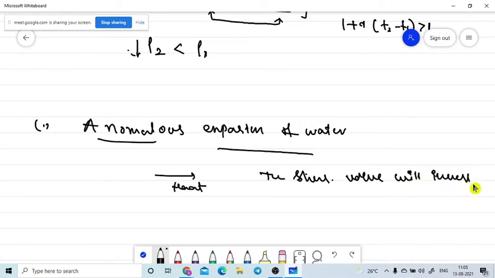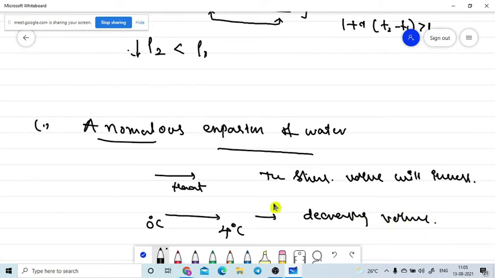This is the case we are observing. But only water, while we are heating from 0 degrees Celsius to 4 degrees Celsius, shows that it is decreasing the volume. It is decreasing the volume. So this property is named as the anomalous expansion of water.